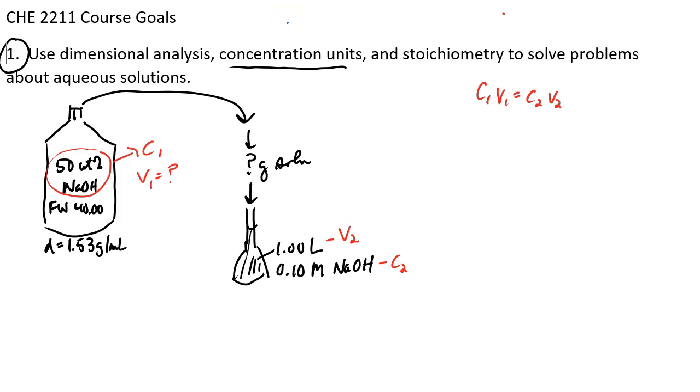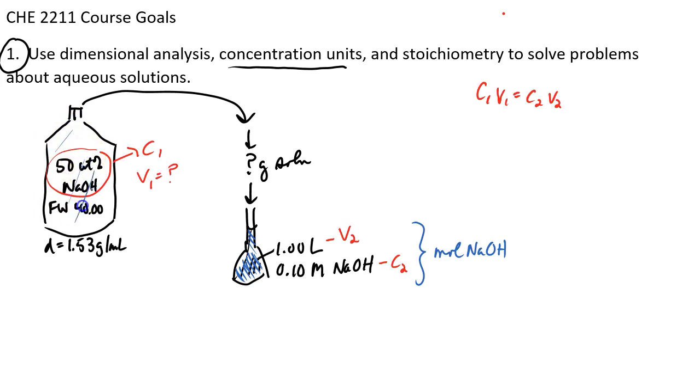I chose to think about, well, if the concentration is 0.1 molar sodium hydroxide and I know the volume, I chose to ask myself, well, how many moles need to be transferred, or how many moles need to be in that volumetric flask, and where are all those moles coming from?